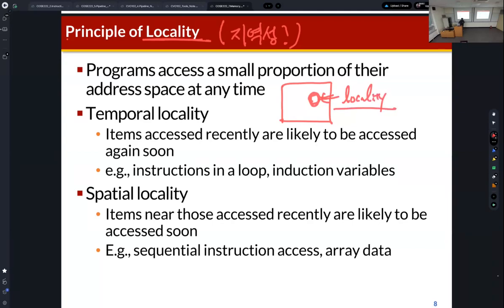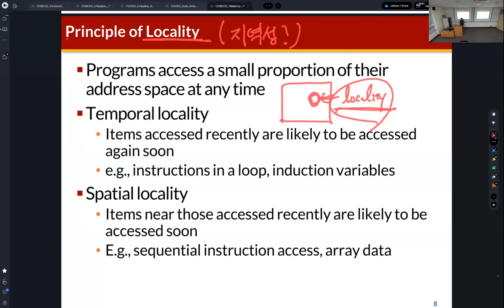Which means that even though the entire system is very large, only a small part is repeatedly used. So locality means that in a very large system, only a small part is accessed.